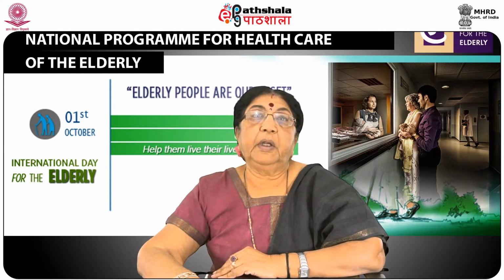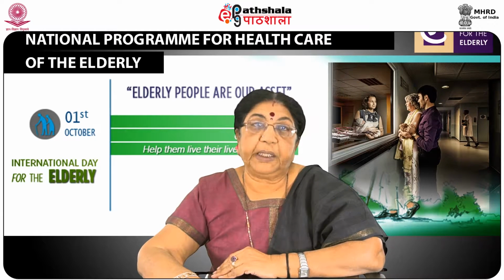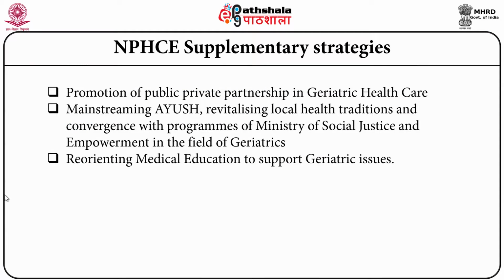For example, promotion of PPP, that is the public-private partnership in geriatric health care. Then most important, mainstreaming Ayush and revitalizing the local health traditions and converging it with the programs of the Ministry of Social Justice and Empowerment in the field of geriatrics.